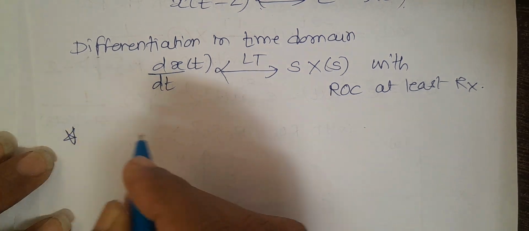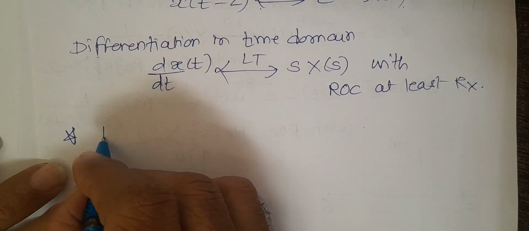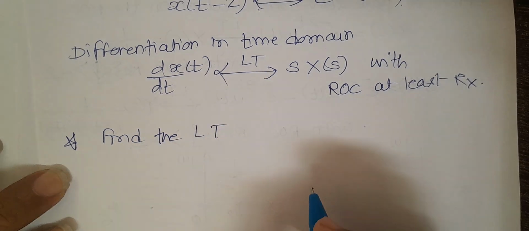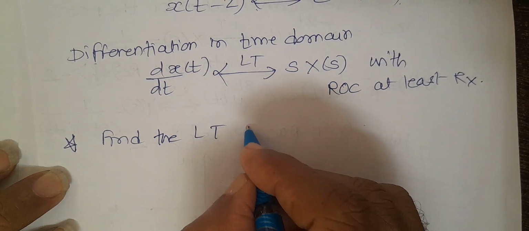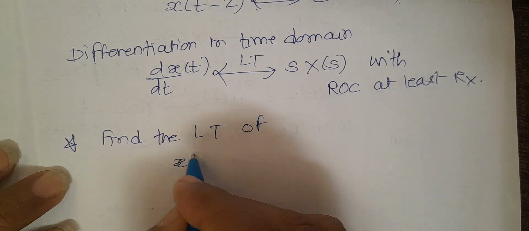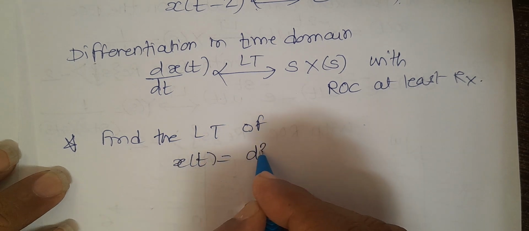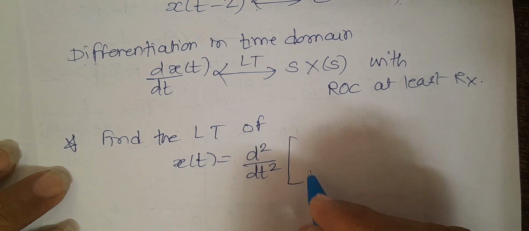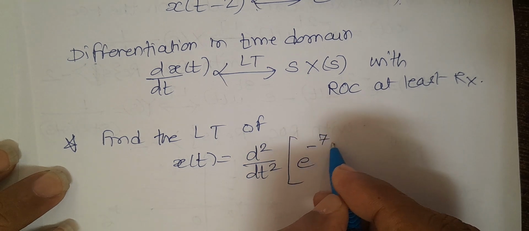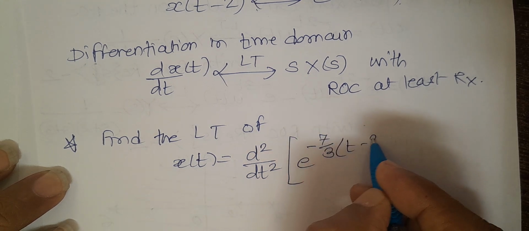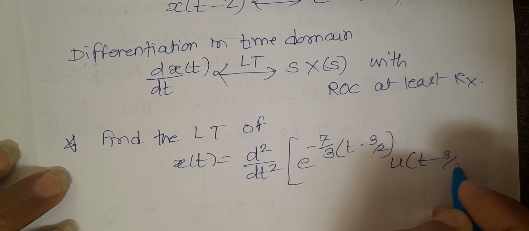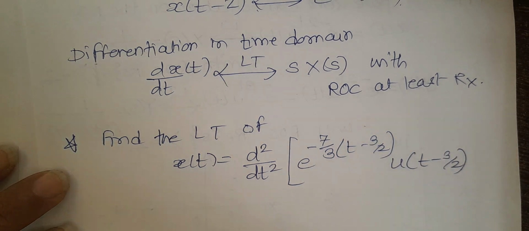We have to solve an example. Find the Laplace transform of x(t) equal to d squared over dt squared of e raised to power minus 7/3 (t minus 3/2) times u(t minus 3/2).